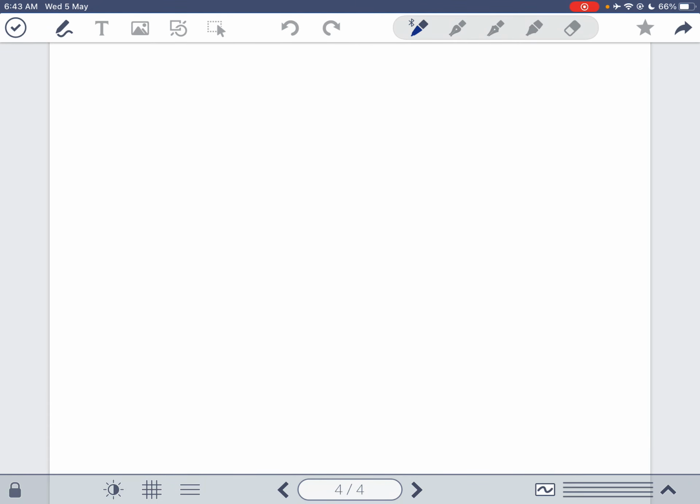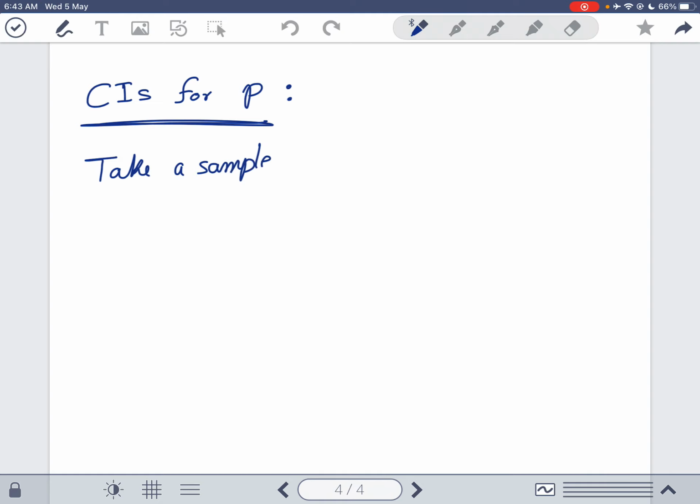For confidence intervals for the true population proportion p, all you have to do is take a sample of size n. This is the process. I will describe the process without a specific example, because if you understand the process, you can solve any example. So take a sample of size n.